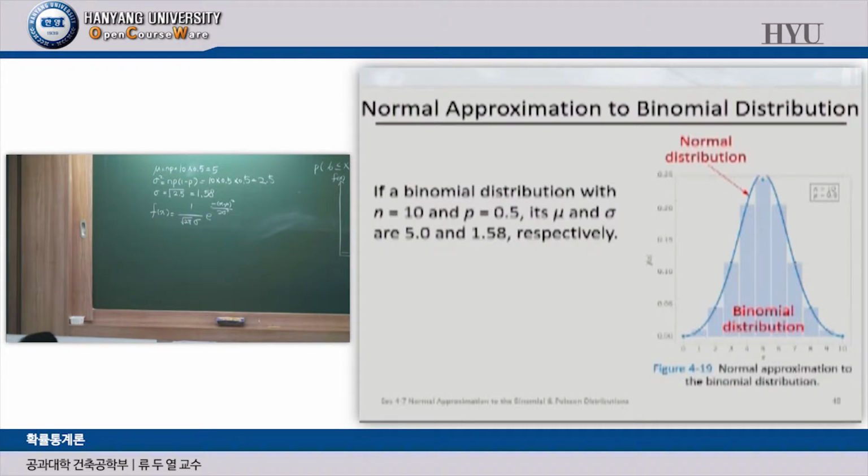This can be rewritten as the probability mass function of 6, 7, 8, and 9, based on the binomial distribution.